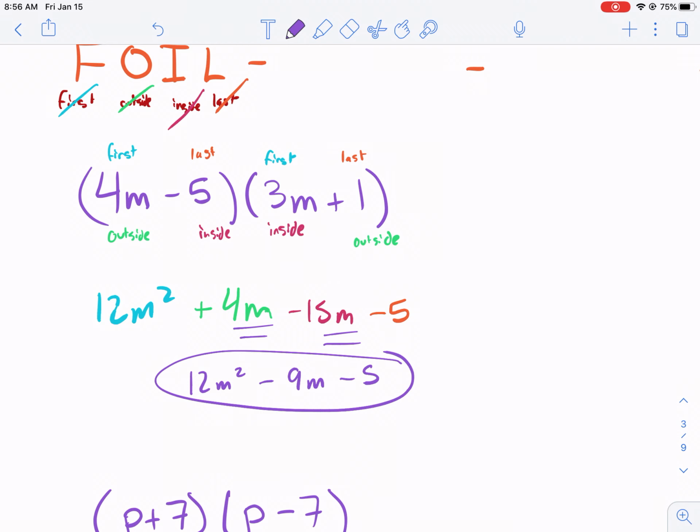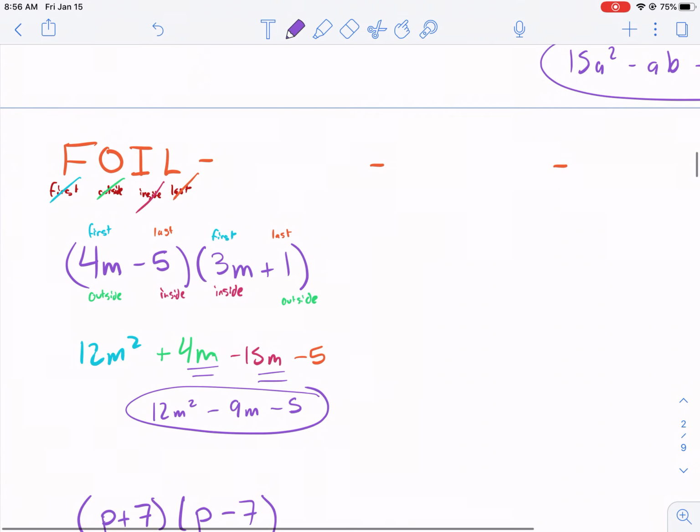Now, you're probably thinking, what are all these dashes for? Well, that's because you don't have to just FOIL. We went first, outside, inside, last. You can go in a different order, and it's going to have the same outcome. You could go last, outside, inside, first. You could LOIF. You could LIFO, last, inside, first, outside.